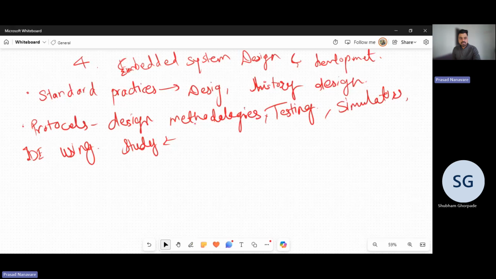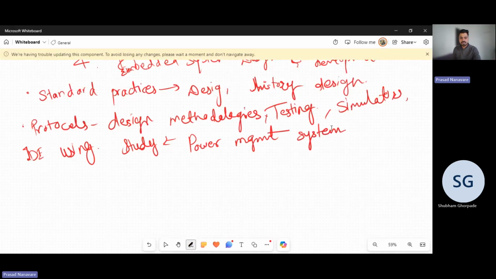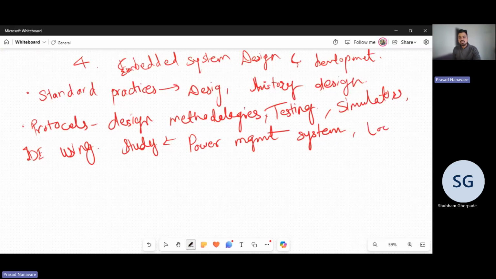Then we have power management systems we're going to learn here. Then we're going to learn low power design, and similar stuff, everything related to designing a system.